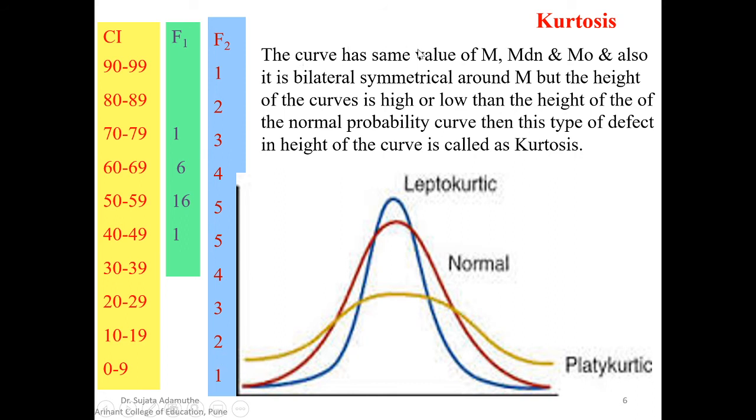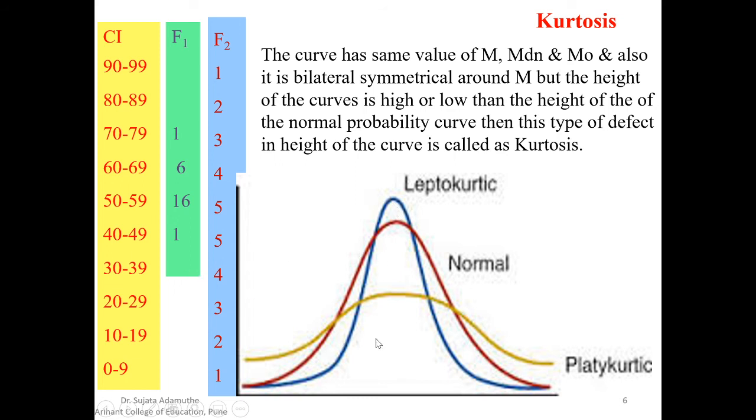The curve has the same value of M, MDN and MO. Means in such type of frequency distribution, we will observe that the values of M, MDN and MO are the same for this curve also and for this curve also. And if we divide this curve into two parts, and this curve also into two parts, we will observe that there is a symmetry.